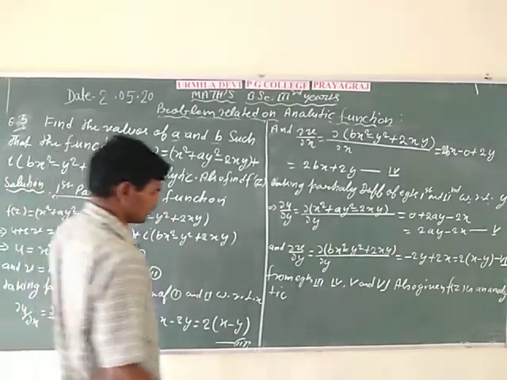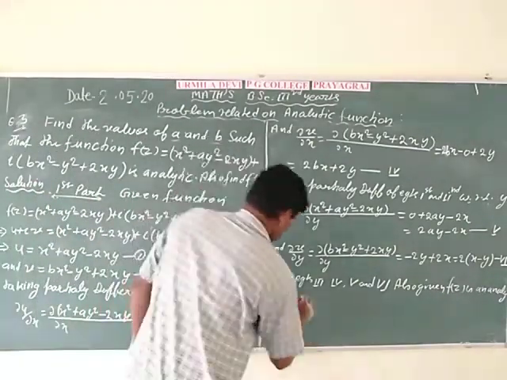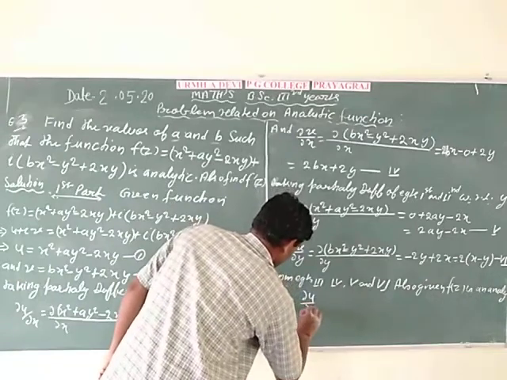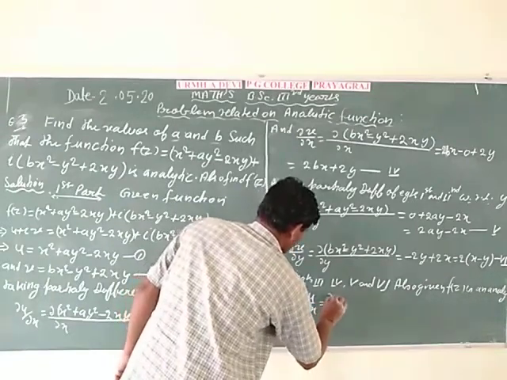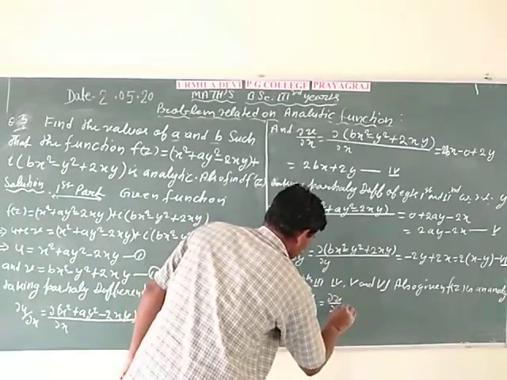According to the CR equations, the first equation is del u by del x is equal to del v by del y.